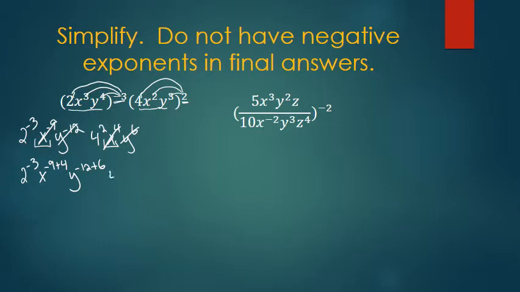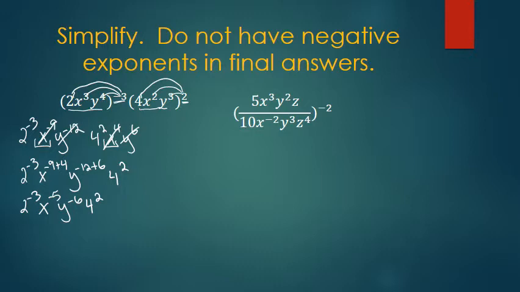And then I have 4 squared. Okay, now I'm going to go ahead and combine the addition of my exponents. So I have 2 to the negative 3, x to the negative 5, y to the negative 6, 4 squared.